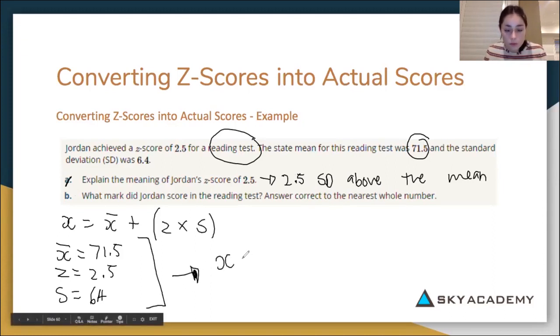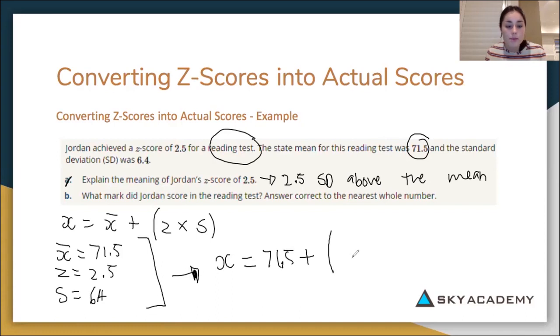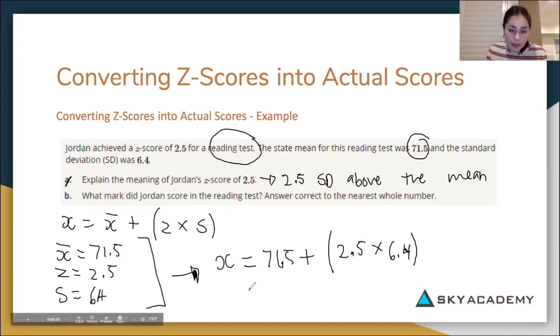My score, or Jordan's score, equals 71.5 plus my Z score, 2.5, times the standard deviation, 6.4. And that gives you a mark of 88.